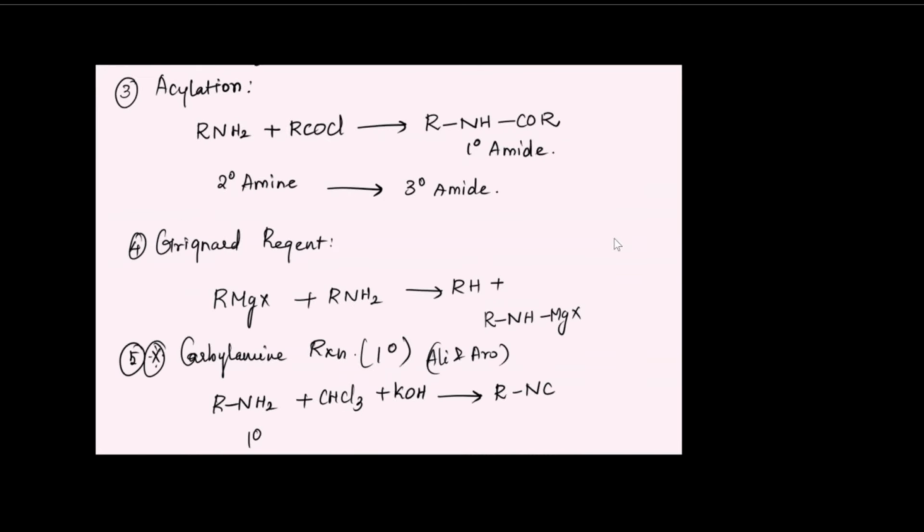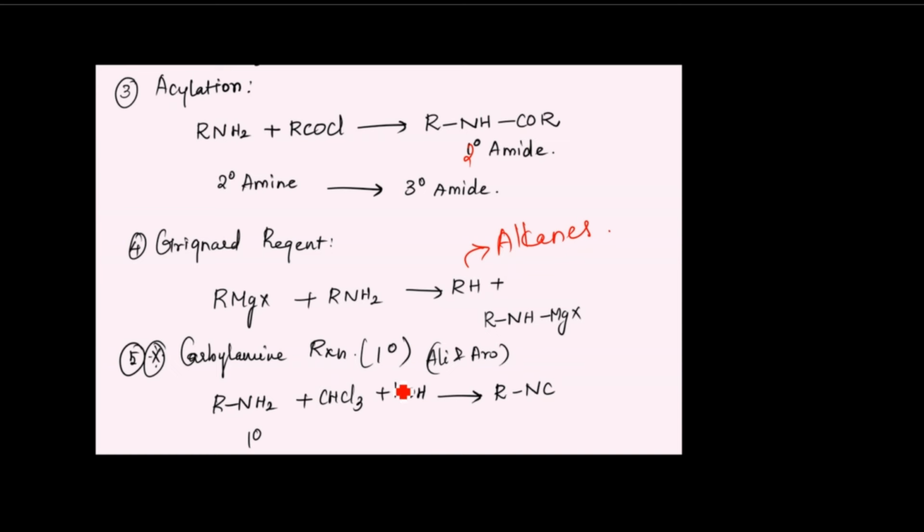Then acylation reaction. Primary amine RNH2 is giving you RNHCOR, and secondary amine is giving you tertiary amides. Then with Grignard reagent, it will give you RH, the alkanes.